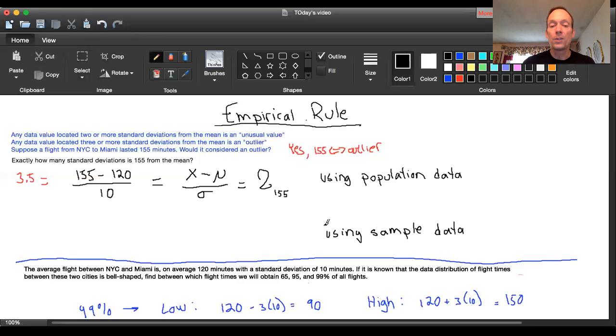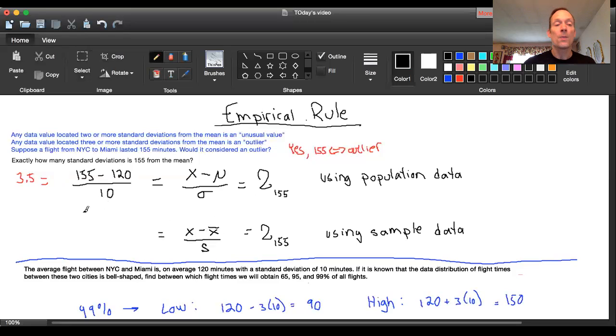And off to the left, we would still use the z formula, meaning the notation for z exactly like it was looking before. I'm going to attach a little subscript for the 155. Our formula is going to have our x sitting there. Instead of the mu, we're going to put in our symbol for sample mean, which is x bar. And on the denominator, instead of sigma, we're going to use s, which is the standard deviation of a sample.